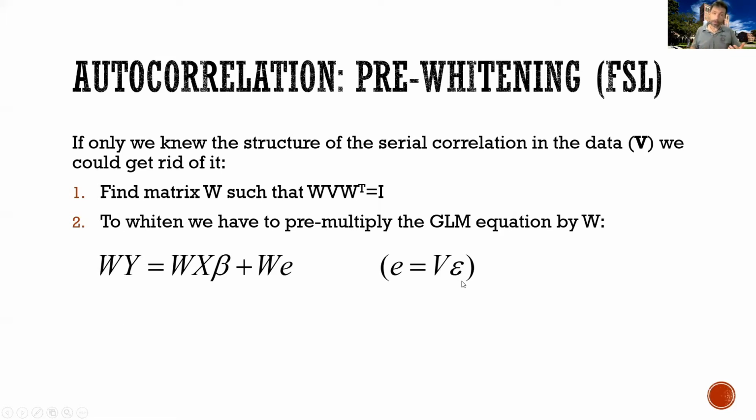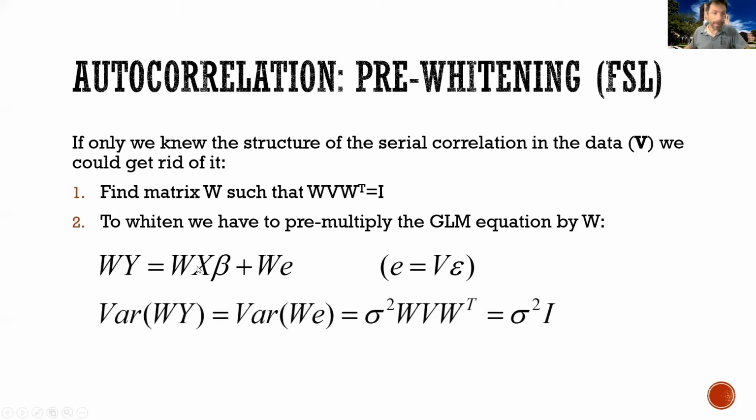So if we knew this, right, then if you calculate the variance for this, it turns out that the variance is sigma squared W V W transpose, which means by design, since we picked W so that we get this, the variance of WY, of the whitened time series, is now sigma squared I. So in other words, if we know what V is, if we know what that structure is, we can clean it off.